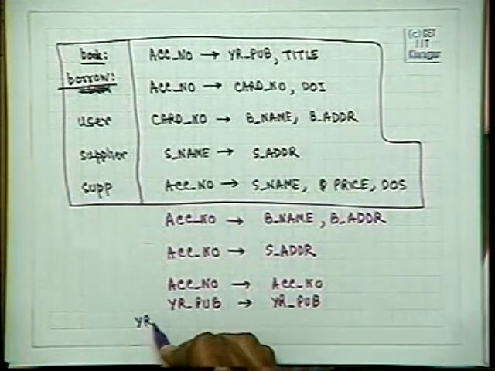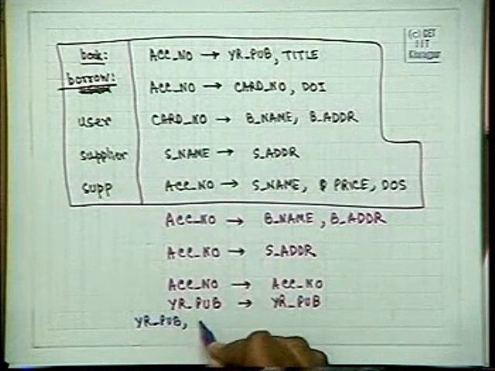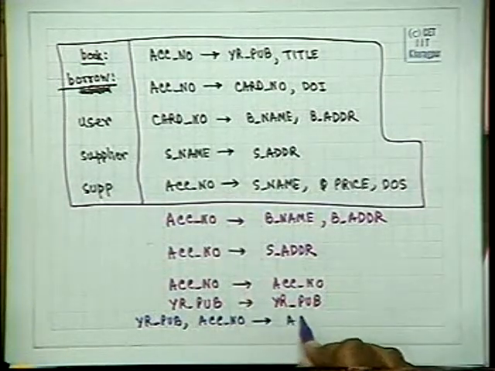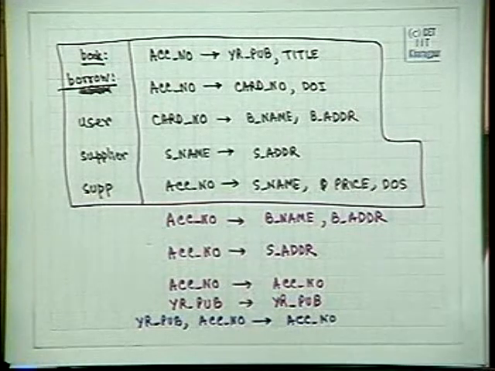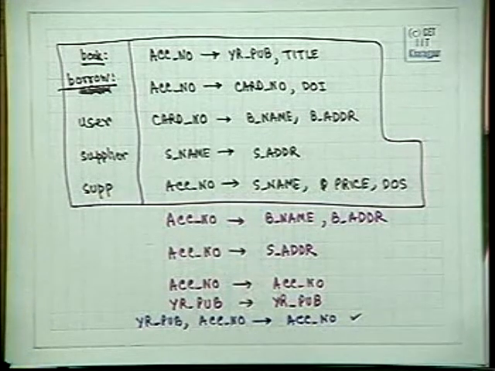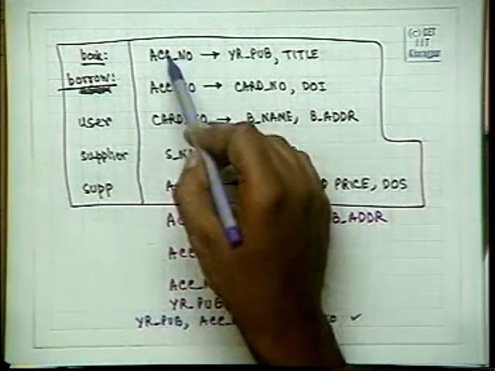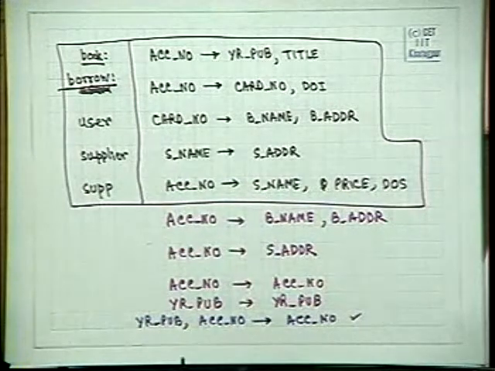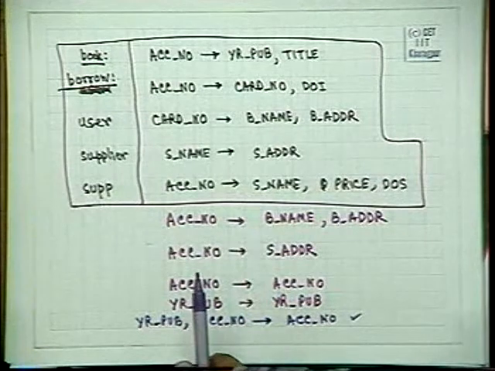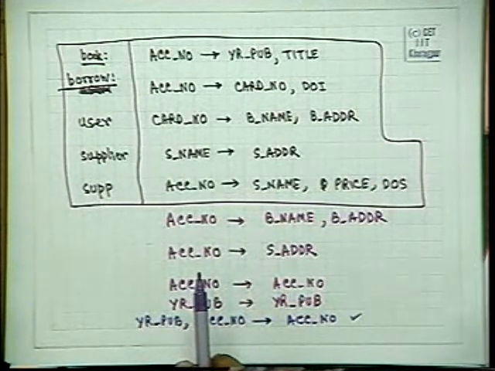We will have year of publication, accession number gives accession number. This is also a valid functional dependency. And that way, if we start listing out all the functional dependencies, that will give us the closure of the set of functional dependencies, each and every one which is applicable.